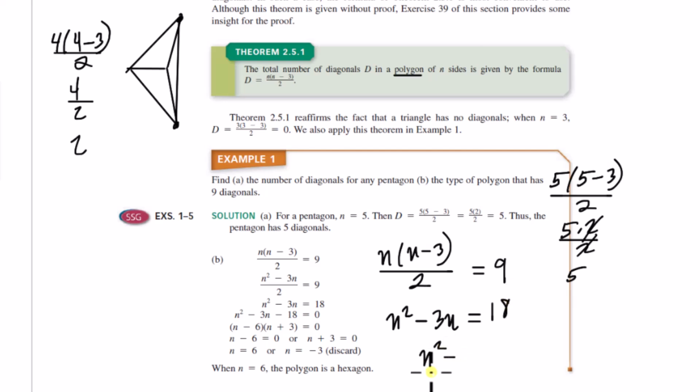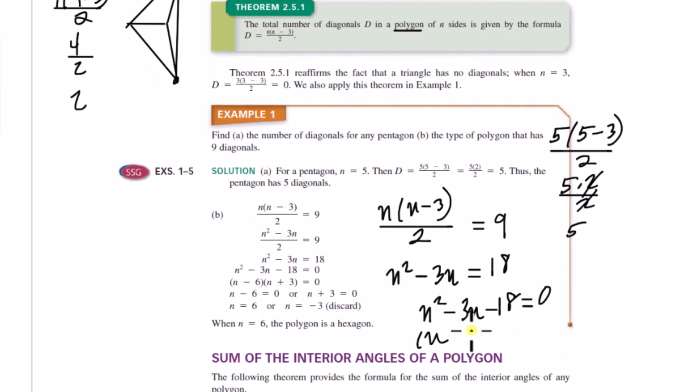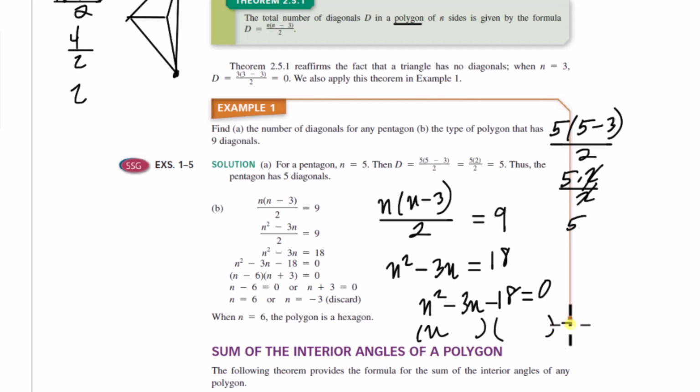N squared minus 3n minus 18 equals 0. 6 times 3 is 18, so minus 6 plus 3. Well, n's not going to be minus 3, so n is going to be 6. So this is the hexagon. The hexagon has 9 diagonals.